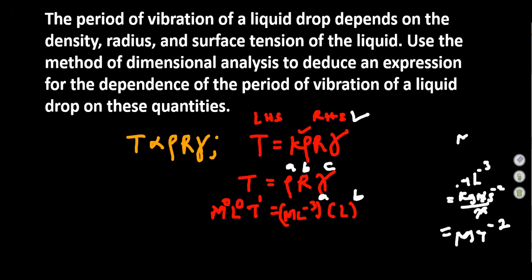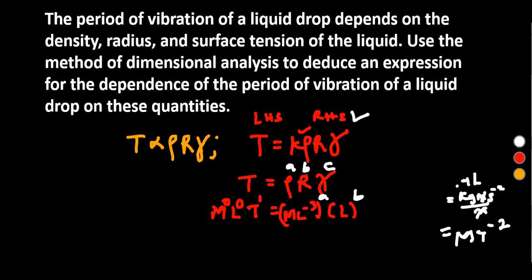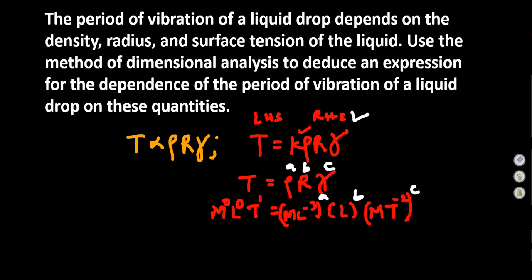So we have that this place will be the dimension of surface tension. This will be m c by 2, and do not forget the power, raised to the power of what? C. So what we do next is that we collect like terms. We collect like terms.